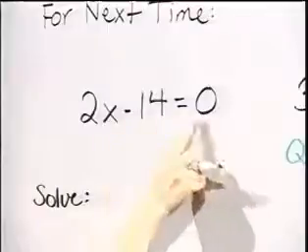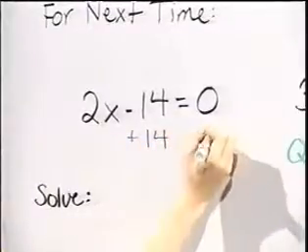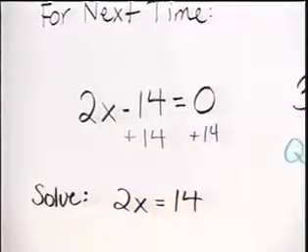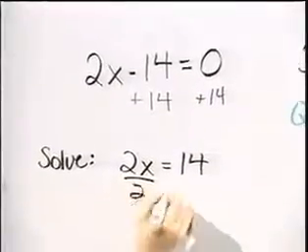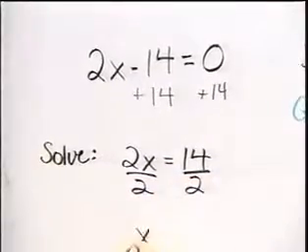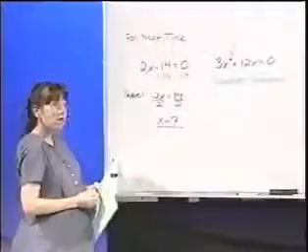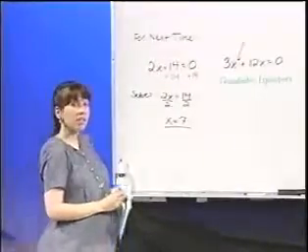First thing you would do was add 14 to both sides, so you get 2x equals 14. Then you would divide both sides by 2, so you get x equals 7. Remember that? We did that before. So everyone should be able to solve that first one.